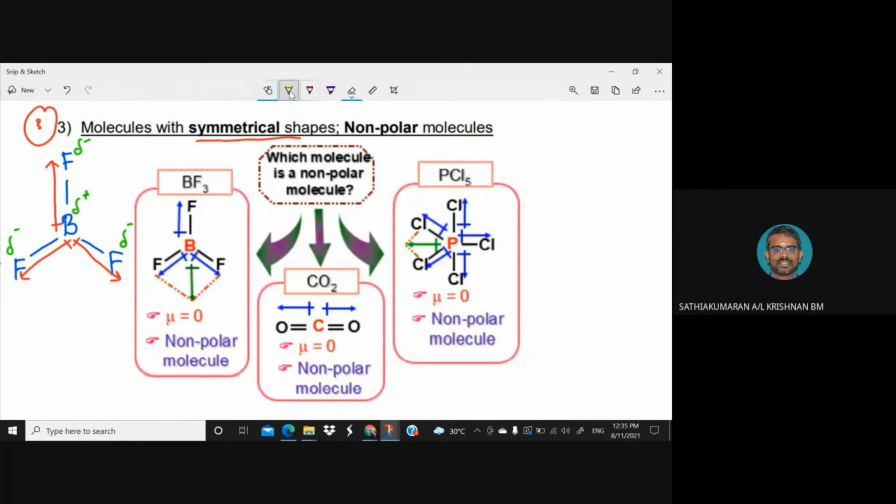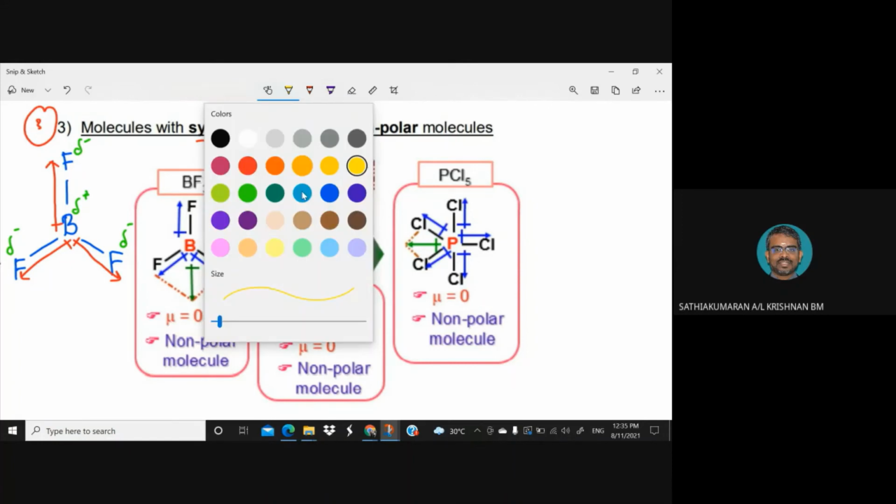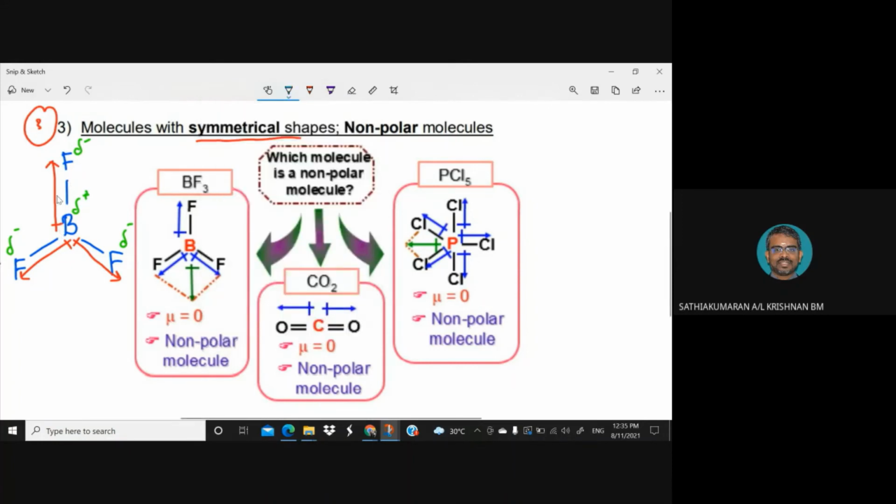Okay, and let us see the bond dipole. If symmetrical, if one bond dipole is going up and another bond dipole is going down, these two can cancel out each other. But we won't show it in the image.